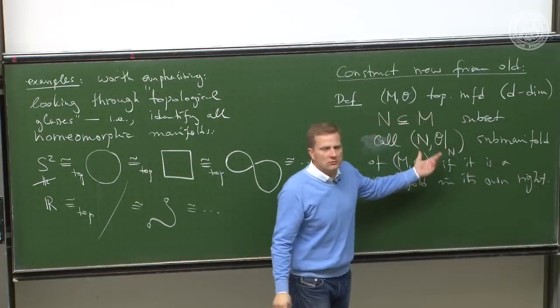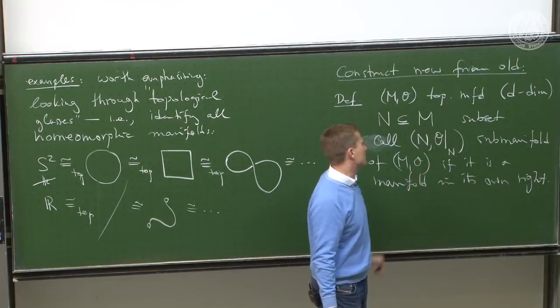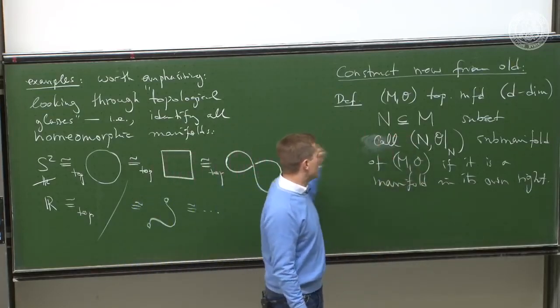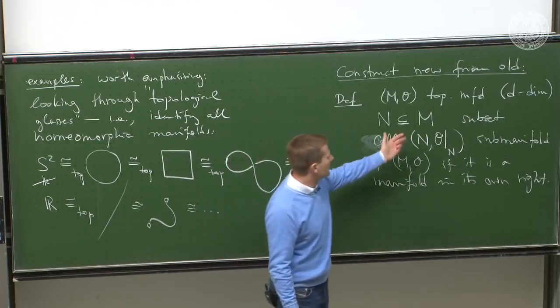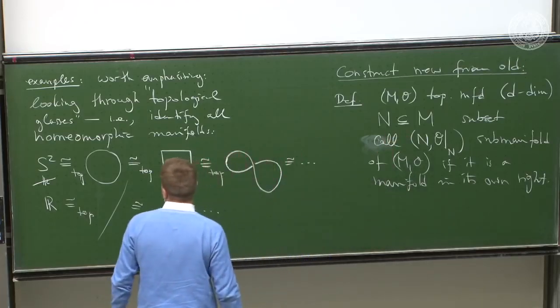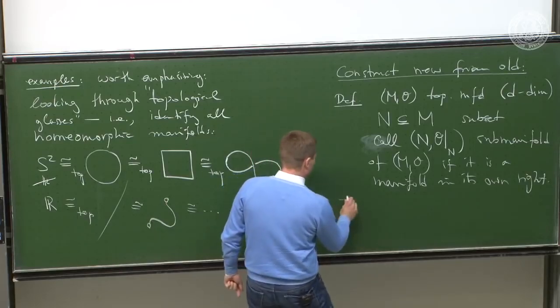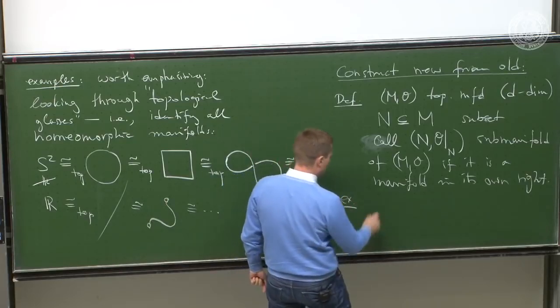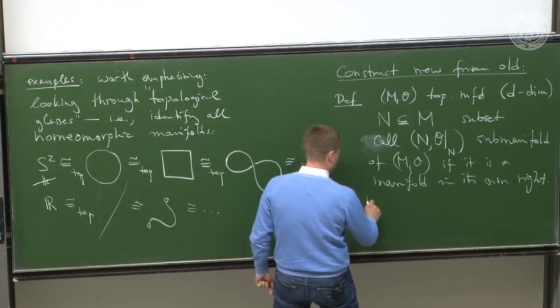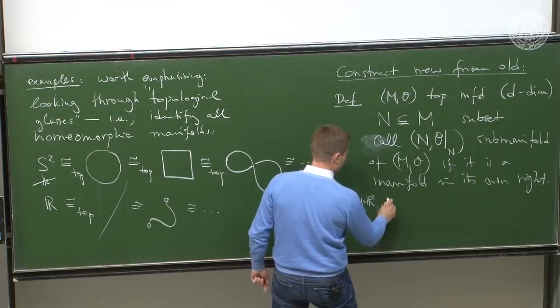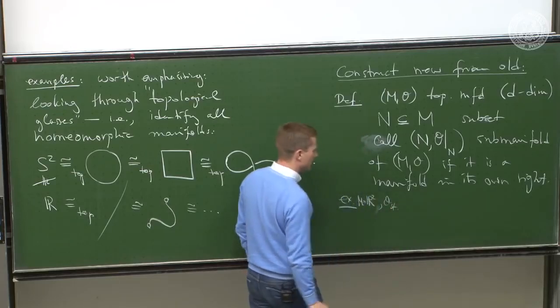So you just have a new topological space by looking at the induced topology on the subset, and you check: is it still true that this is a topological manifold? So an example, very simple. You have M being R2 with the standard topology, always the standard topology.